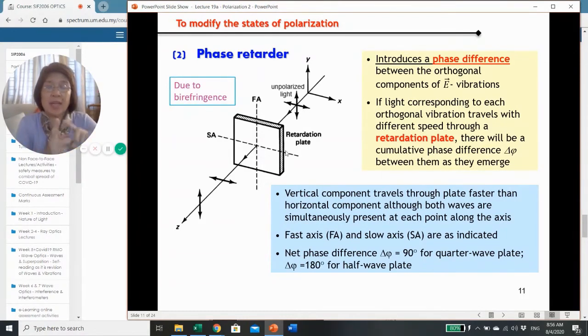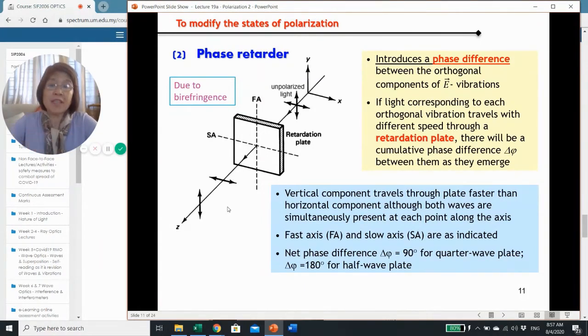As they enter, they were in phase, but as they progressively travel into the retardation plate, it will introduce a phase difference between them, such that when they exit, there would be a cumulated amount of phase difference.